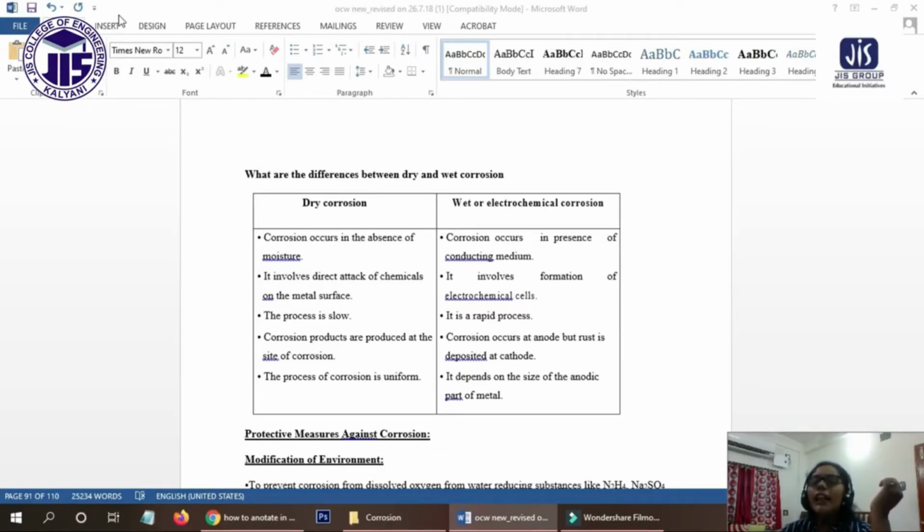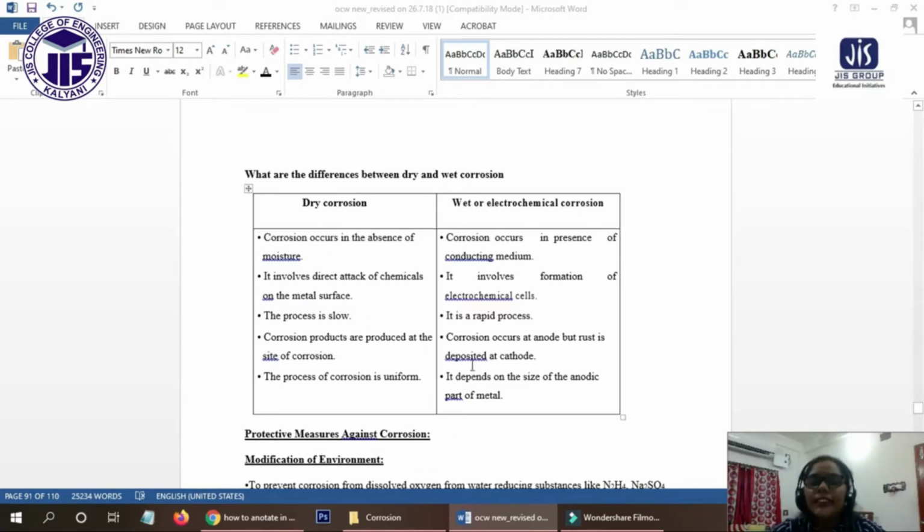Generally the corrosion occurs at the anode, but rust is deposited at the cathode. Why anode? Because at the anode we have the oxidation reaction, the metals release some electrons and form the positive metal ion. That is why in wet corrosion, corrosion occurs only at the anode.